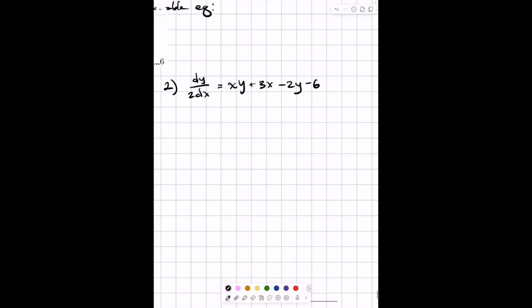And this definitely comes from experience, but we have to notice that this is something that you can factor. Because if you notice here, I have an x times a y, an x term, a y term, and a 6 term. So it's very true that you can do something with this. We need something to multiply to -6, and then multiply with x to turn into 3 and multiply with y to turn into -2.